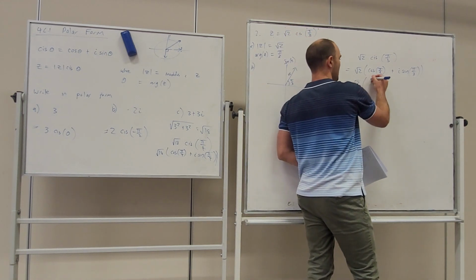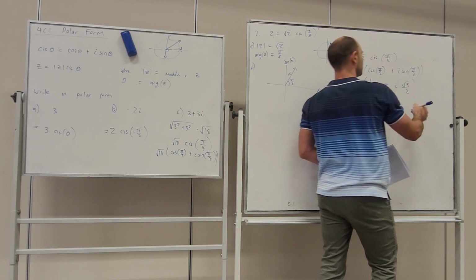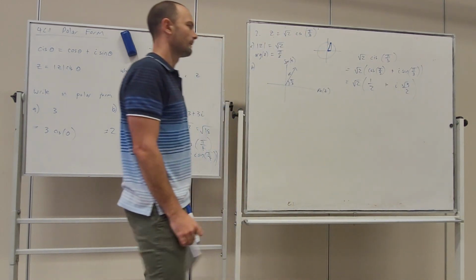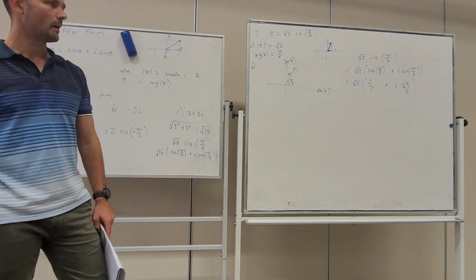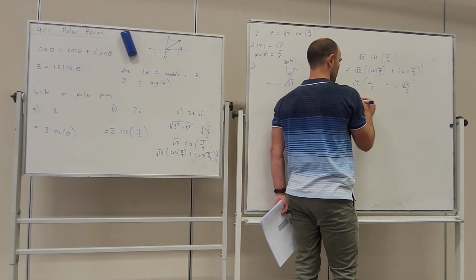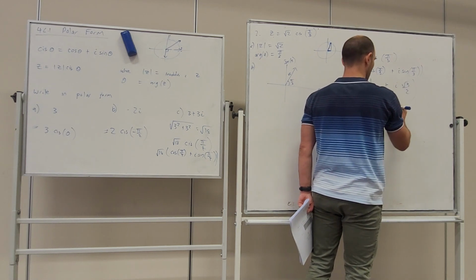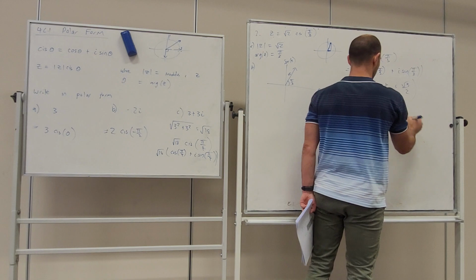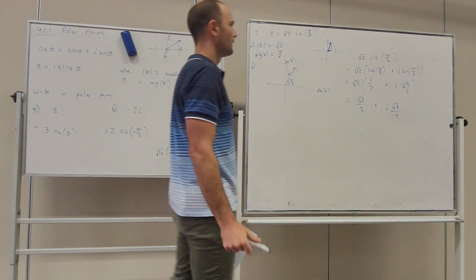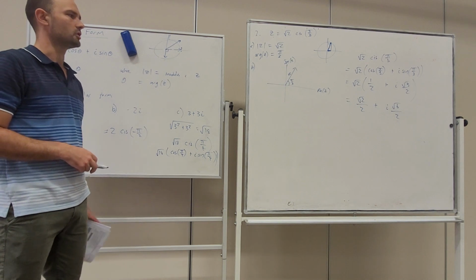So the x value is half, which means the y value is root 3 on 2. Now we will distribute this root 2, and that will become root 6 on 2. And this is the complex number expressed in Cartesian form.